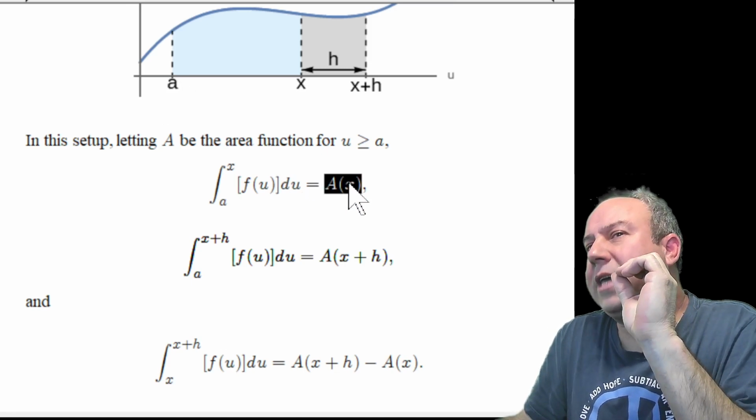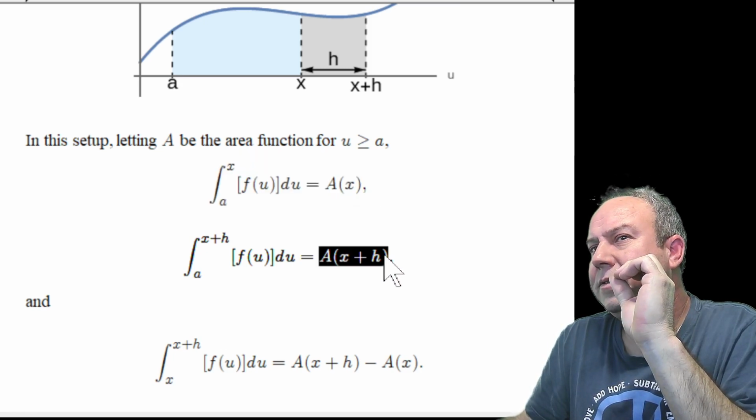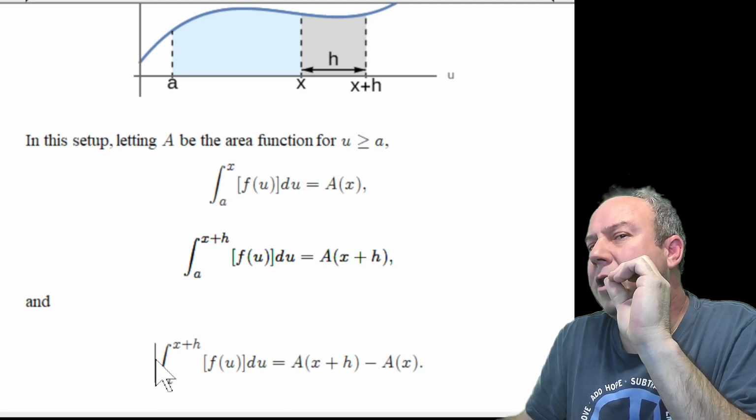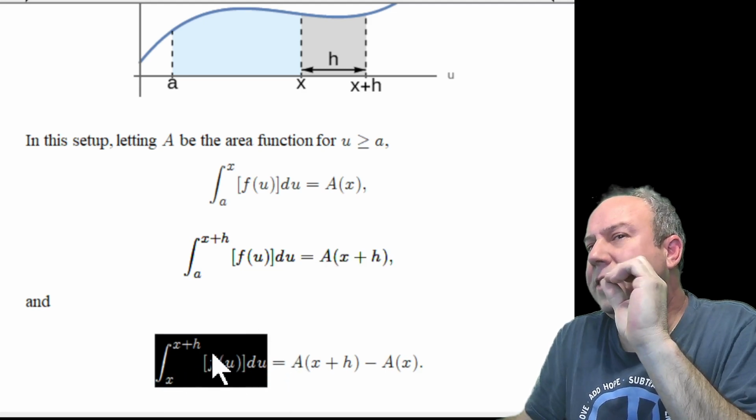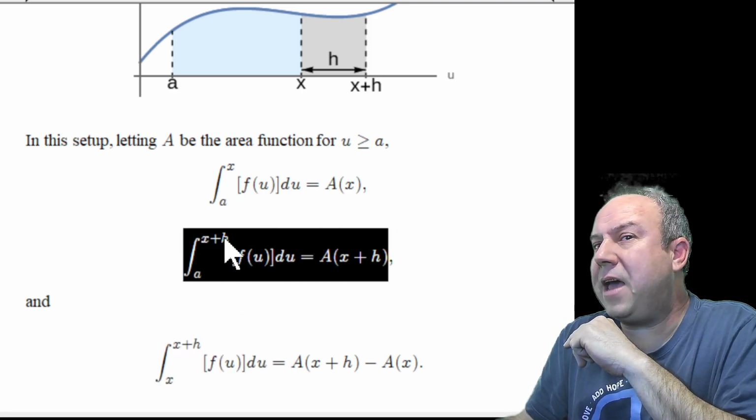But we can use these two results to talk about this area. This area is the area from a to x plus h.